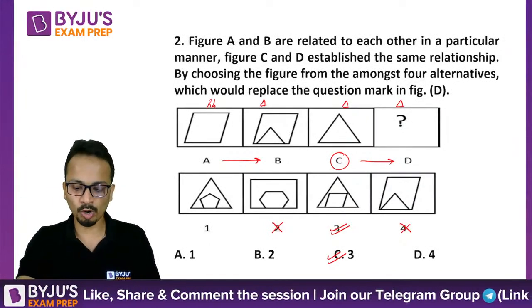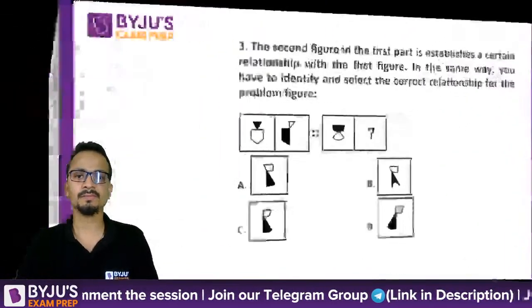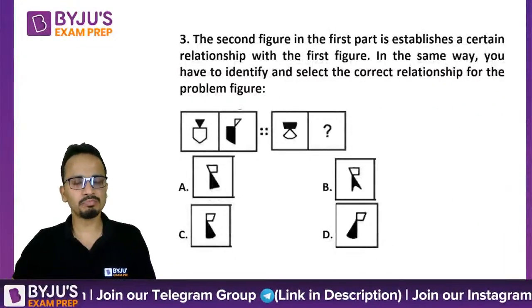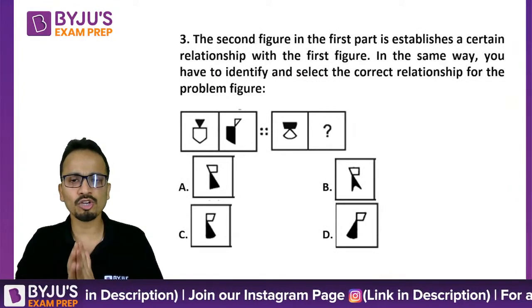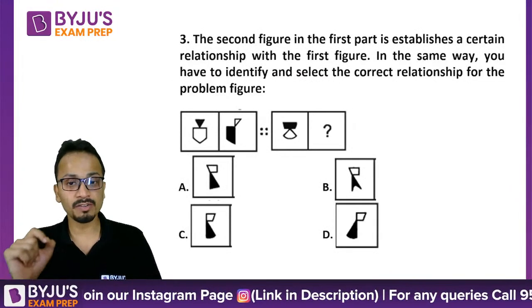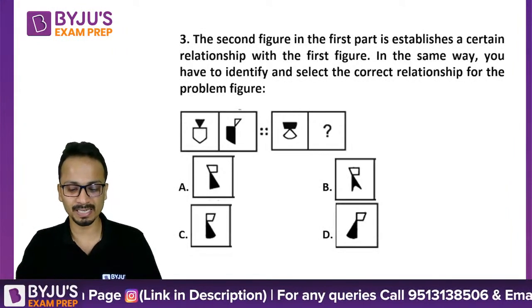Okay, let's move on to question number 3. Now question number 3 is pretty easy, but you need a good set of observation here. So you will have to observe carefully, only then will the right answer come.